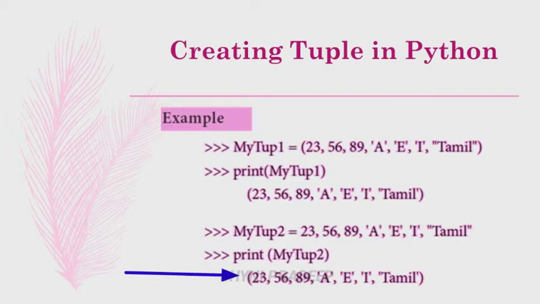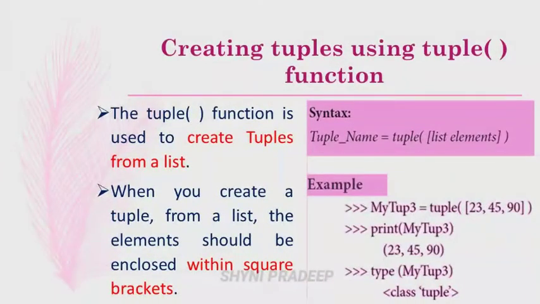Next, see the next topic: creating tuples using the tuple function. Now we are going to create a tuple using the tuple function. The tuple function is used to create tuples from a list. When you create a tuple from a list, the elements should be enclosed within square brackets.